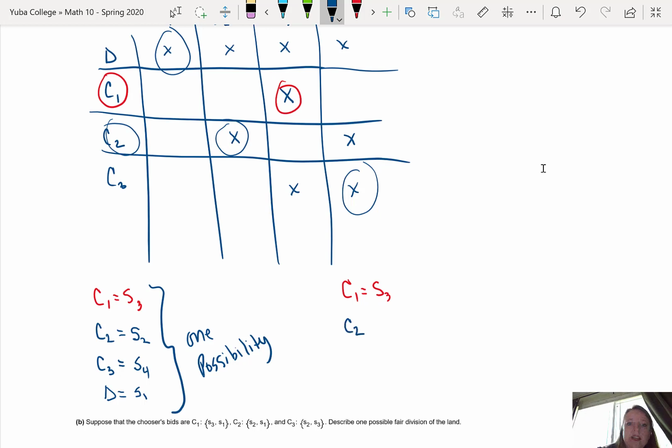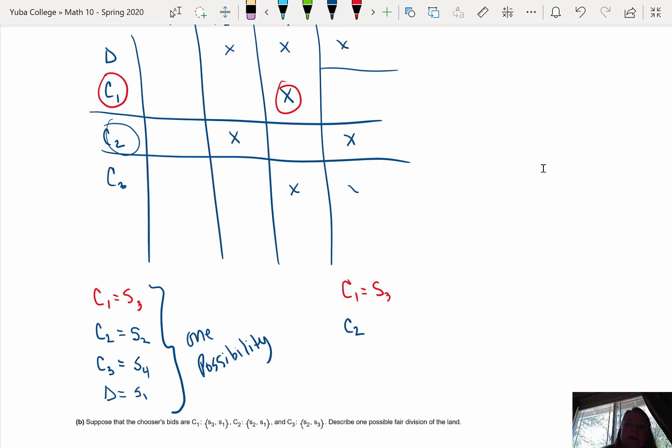Let's say in this case, we give them S sub 4. Well, then chooser 3, the only other one that they like is S sub 3. Oh, that doesn't work. So there's only one possibility that this can work.